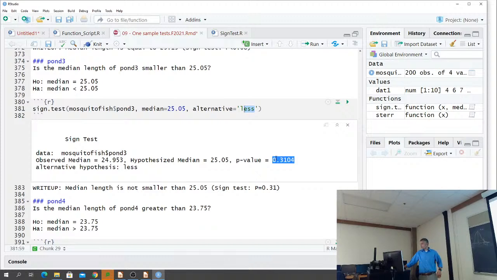Again, this value is greater than 0.05, so we fail to reject this and conclude that our median is equal to 25.05. Going back to the question we asked, is it smaller? No, it's not smaller. It's actually equal to 25.05. So that's my conclusion: no, median length is not smaller than 25.05.